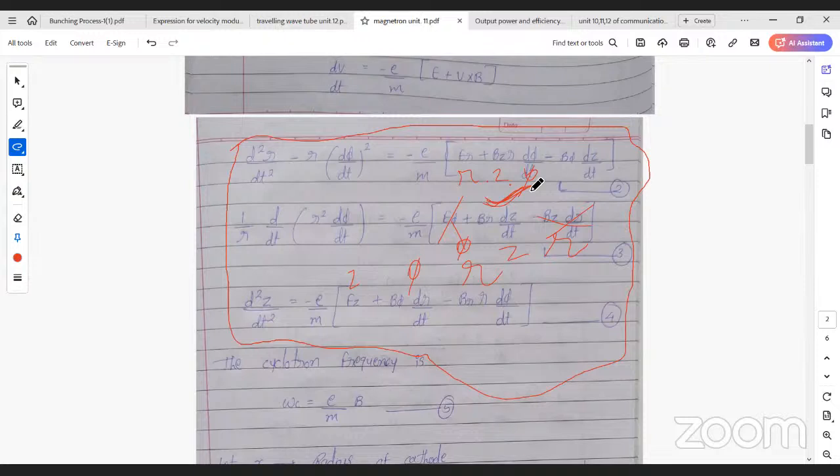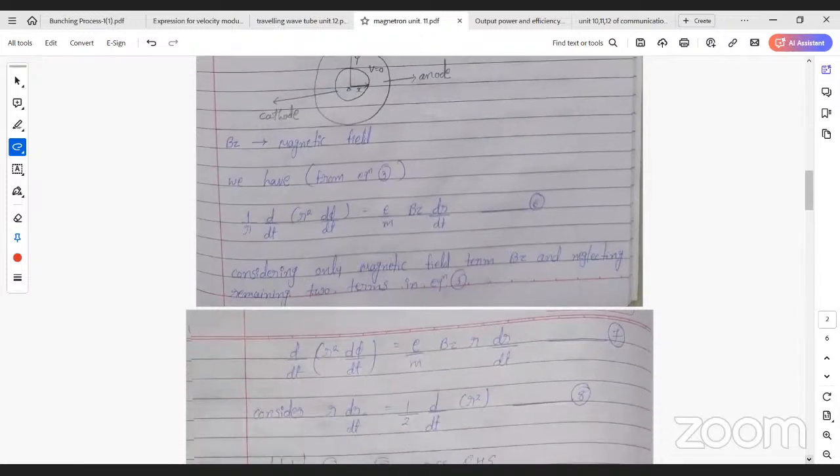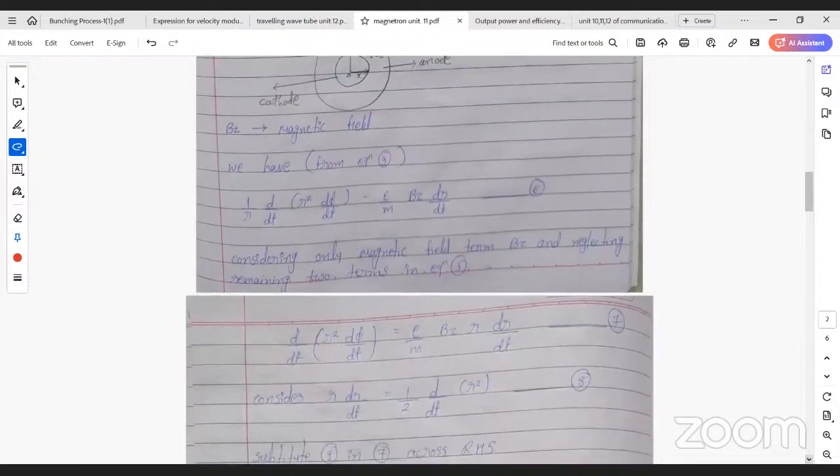From equation 3, 1 by r d by dt times of r square d phi by dt equal to minus e by m. In place of r, along the z direction, I am taking bz times dz by dt, which is mentioned here. So only one term I am taking and making the other two terms 0.